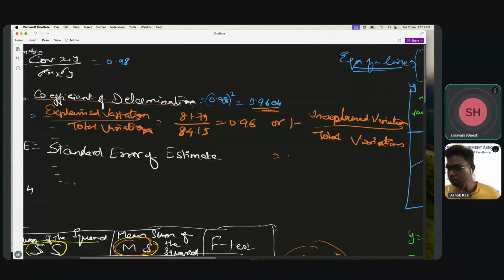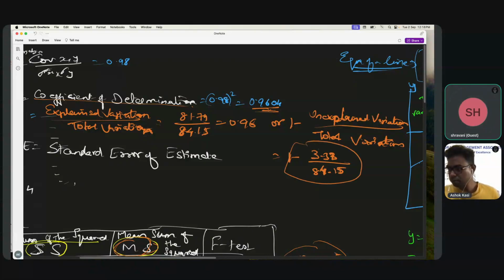That is 1 minus unexplained, which is 3.33, divided by total variation, 84.15.